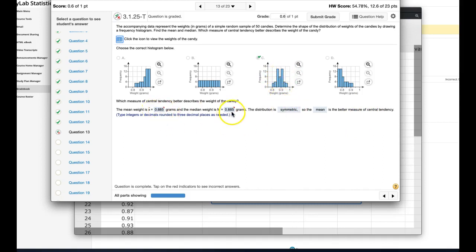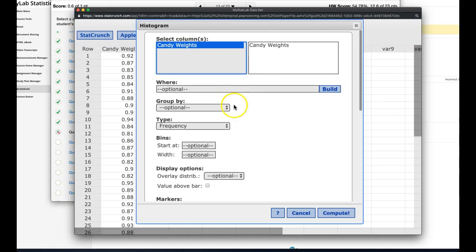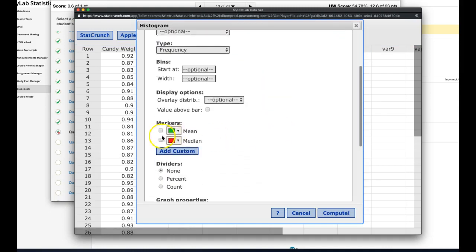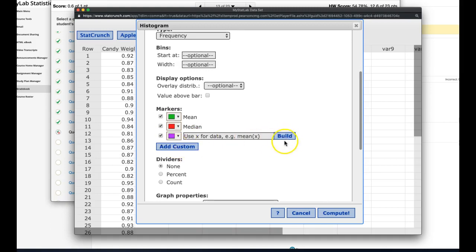What about the answers for the mean and median? In this case here, again, we used the graph histogram to create that. Now, again, notice there's some options here. You could easily have just clicked those two there to add the mean and median. We won't do that now.